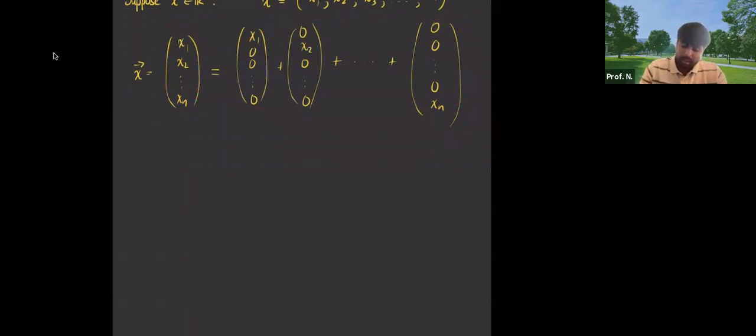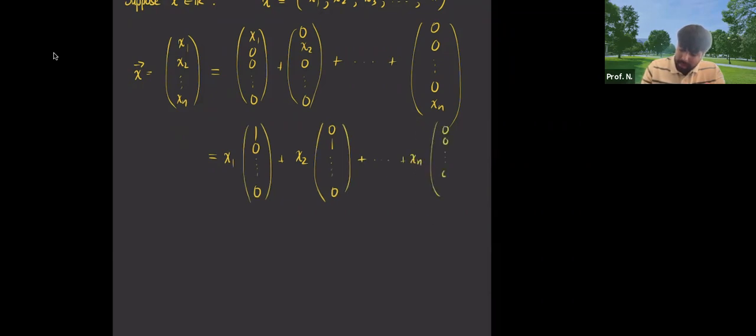But then can't I do this as well by the property of scalar multiplication with matrices? Because remember, vectors are matrices. I can write this as x1 times 1, 0, 0, plus x2 times 0, 1, 0, plus x sub n times 0, 0, 0, 1.